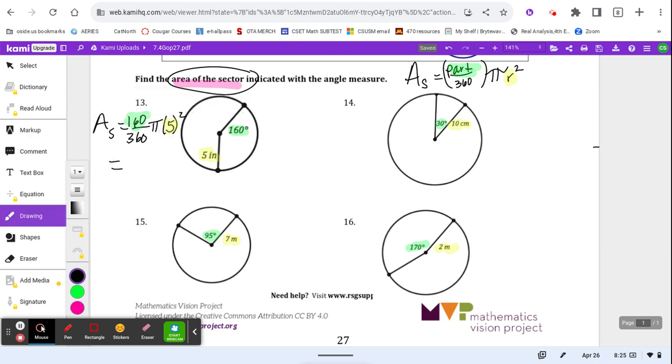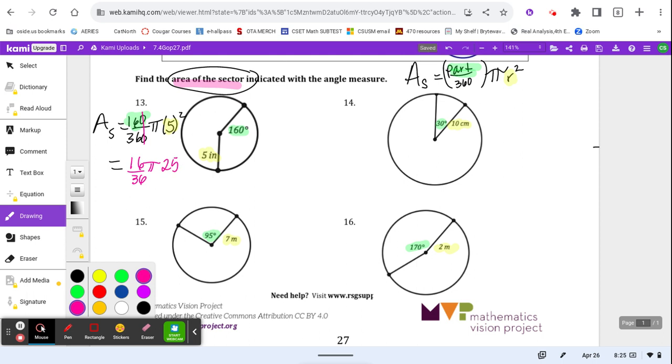Now we're going to simplify and reduce. Notice that there's a 0 in both the numerator and denominator, so it's like we're dividing both the top and bottom by 10. What can go into 16 and 36? And is there anything we can reduce with 5 squared, which is 25?